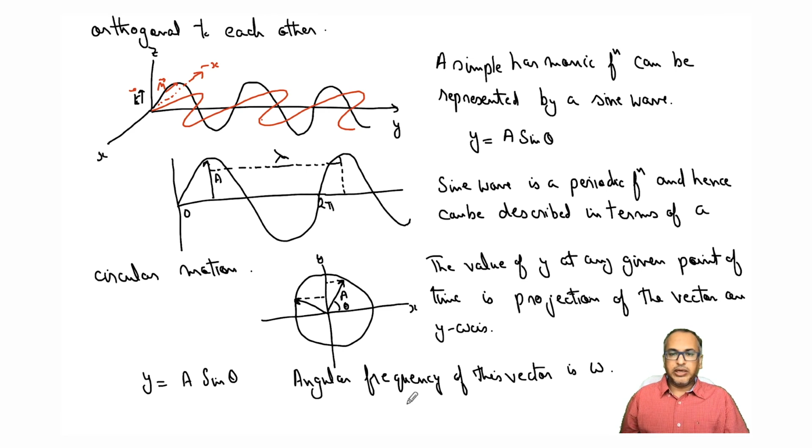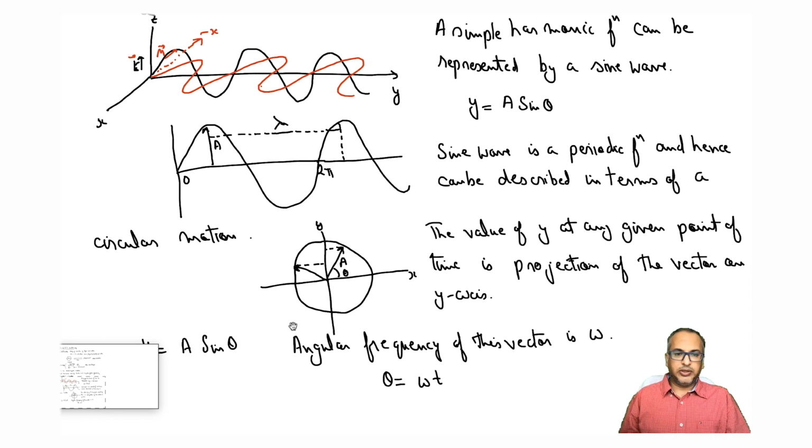Then you can say that theta is equal to omega t. So during time t, how much this vector has rotated in terms of angle, you will get this angle by omega t, right?